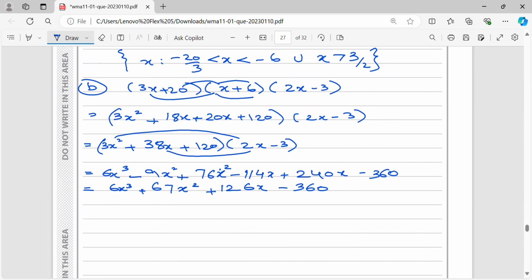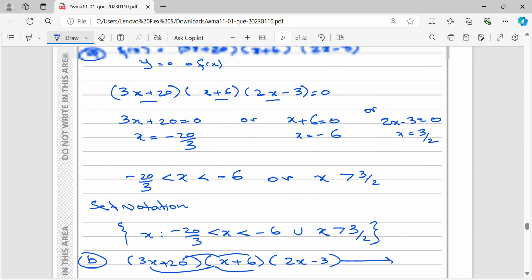After expanding our curve equation, we got 6x cubed plus 67x squared plus 126x minus 360. If I want to know the y-intercept, I'll substitute x equals 0. So when x is 0, I can substitute 0 everywhere: 0, 0, minus 360. So f of x at that point is negative 360, right?